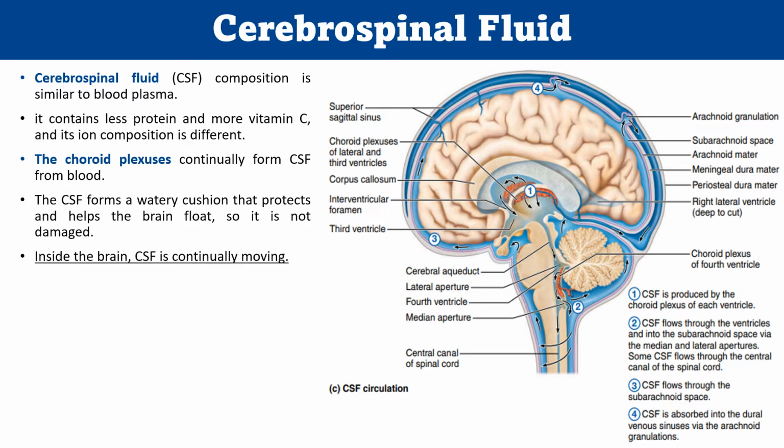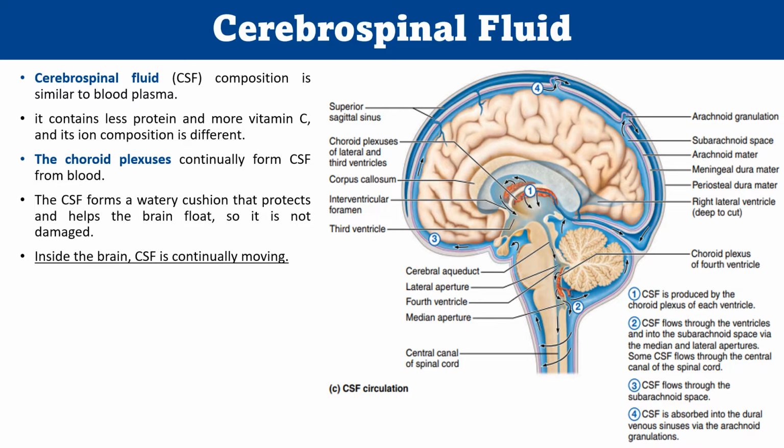The CSF is continually moving. It circulates from the two lateral ventricles in the cerebral hemispheres into the third ventricle in the diencephalon, and then through the cerebral aqueduct of the midbrain into the fourth ventricle, dorsal to the pons and medulla oblongata.